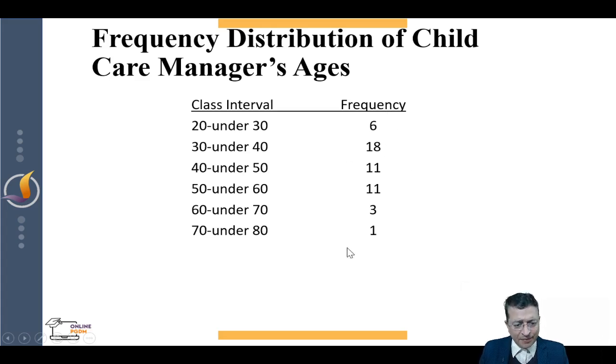So how the data is distributed among these intervals, or in each category what the frequency of the data is, how many observations are there in each category. How these frequencies are distributed among each category is nothing but your frequency distribution.